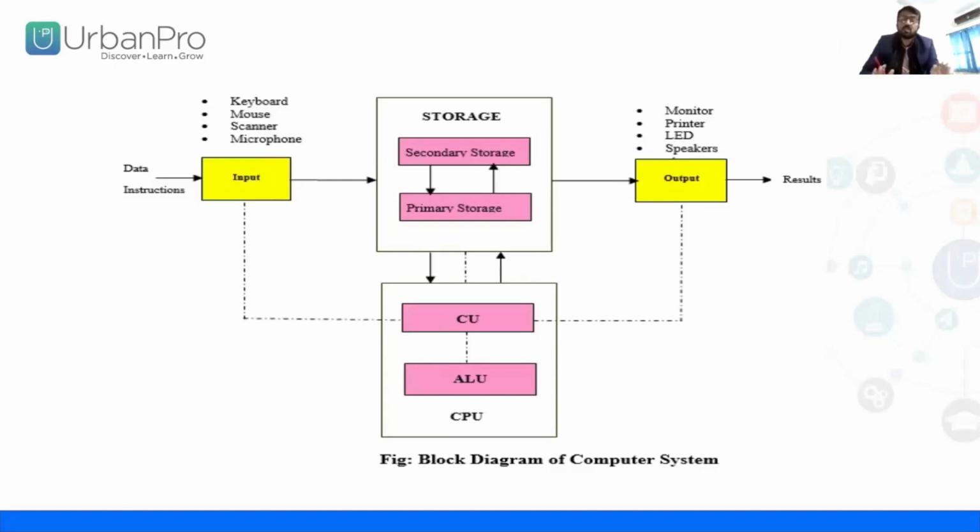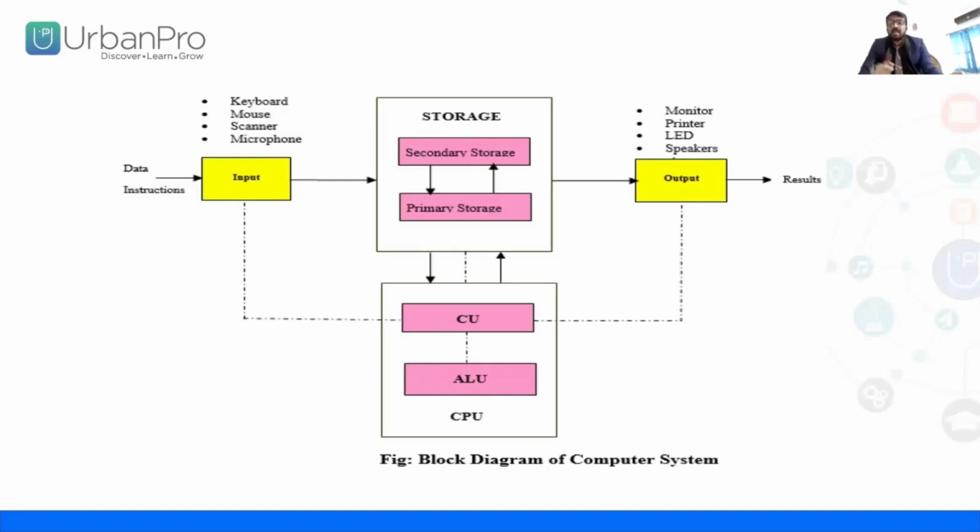So memory or the storage device is divided in two parts: primary storage and secondary storage. The example of primary storage is RAM, random access memory, and the example of secondary storage is hard disk. The difference is that primary storage is a volatile memory, whereas secondary storage is non-volatile memory.